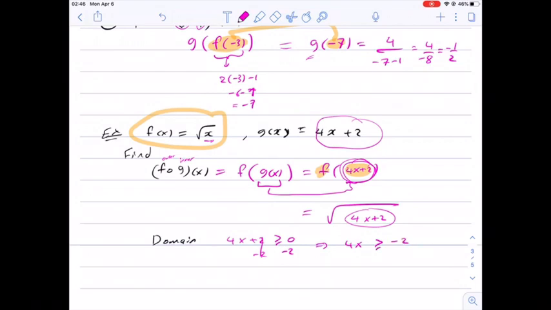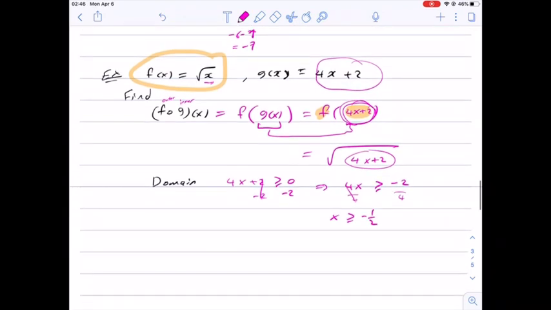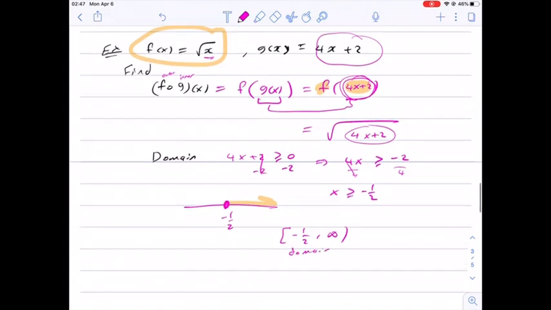We get 4x greater than or equal to negative 2, and then divide by 4 on both sides. x is greater than or equal to negative 1/2. So this is negative 1/2 on the number line. Greater than means to the right. So the domain is negative 1/2 to infinity.